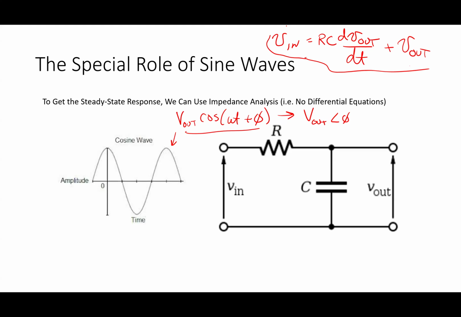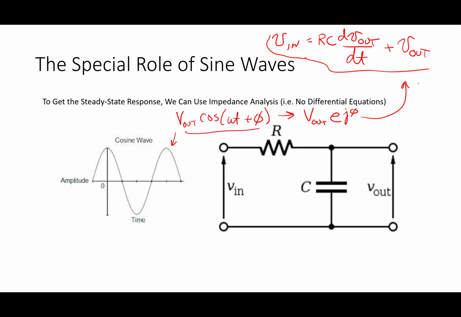If you did the impedance analysis with a voltage divider to get V out from V in, you get the exact same equation as guessing this, going to the phasor domain, and plugging it all in.